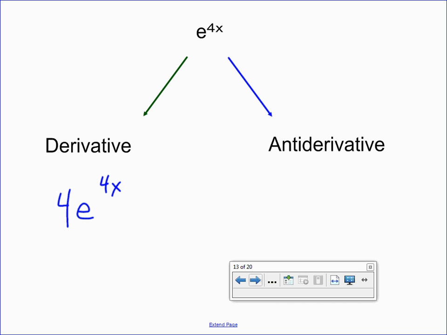Raise your hand if you agree with Tyler. 4e to the 4x is correct. It's the exponential itself times the derivative of the exponent, and then times the natural log of the base. Base e, the natural log of the base is 1. So 4e to the 4x. Good job. Get ready. The antiderivative, going up the elevator one floor.